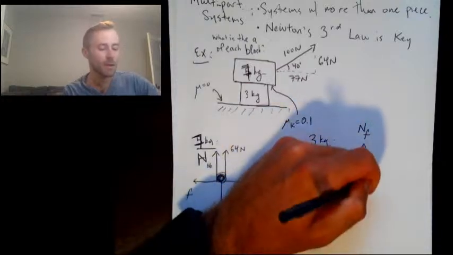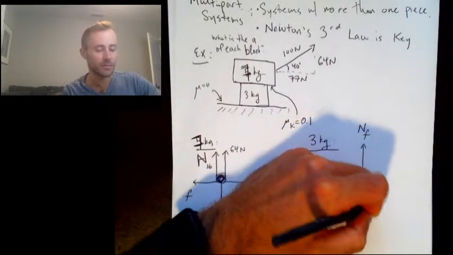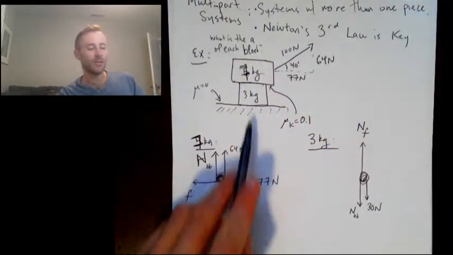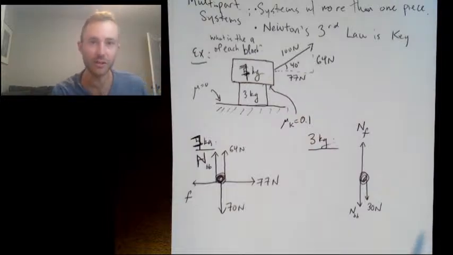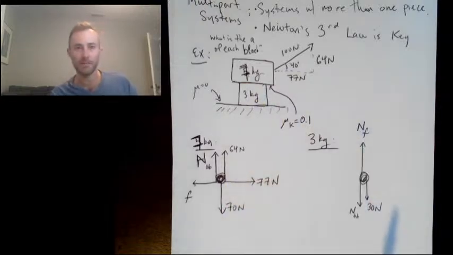So that would be 30 newtons. And then the 3 kilogram block also has friction. But friction is actually pulling the 3 kilogram block to the right. Okay?